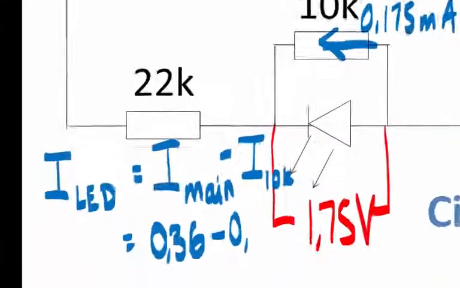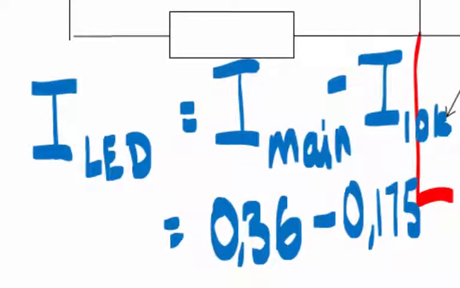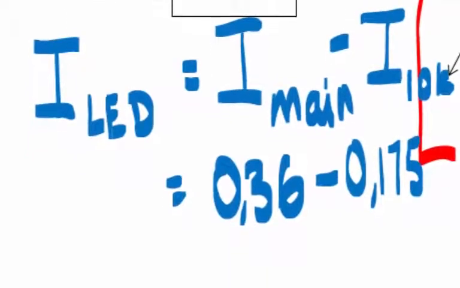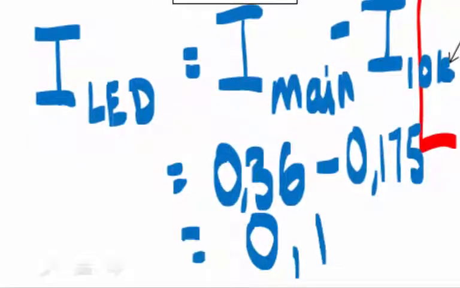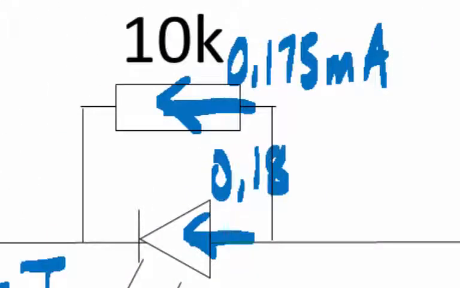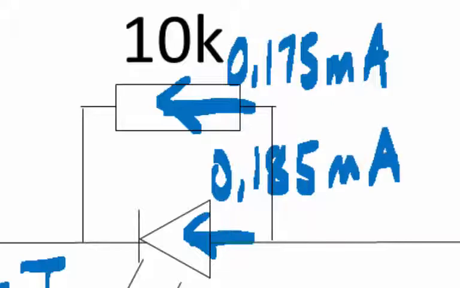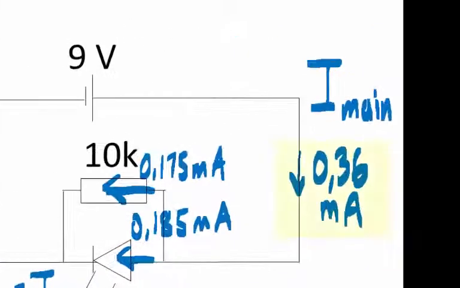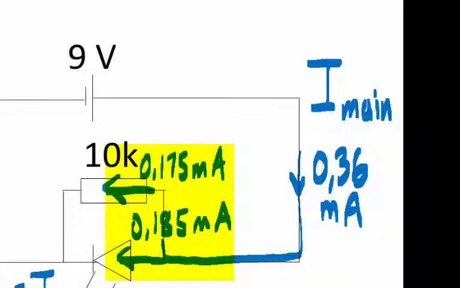So we subtract that from the current flowing through the main part of the circuit, and our answer is 0,185 milliamperes. So we know that 0,185 milliamperes travels through the LED. So we have 0,36 milliamperes in the main part of the circuit, and that splits. It doesn't split completely equally, but almost equally. A bit more goes through the LED than through the 10K resistor.